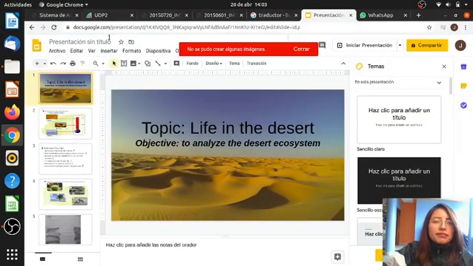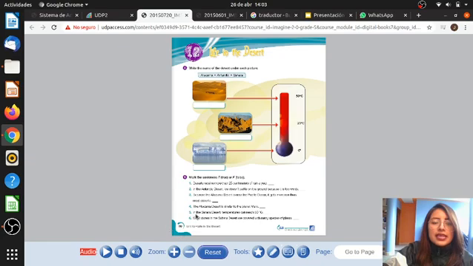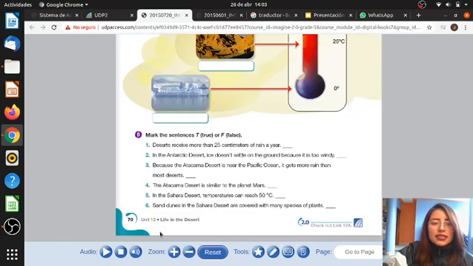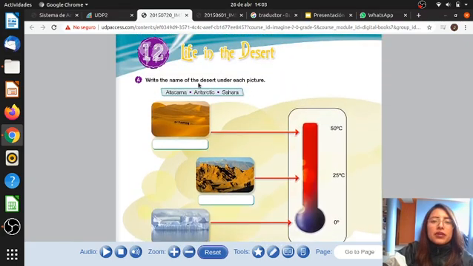Let's start. Please open your color book on page number 70, okay? 70, activity A. Write the names of the desert under each picture. Before this activity, you have to read according to life in the desert.